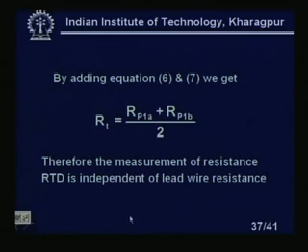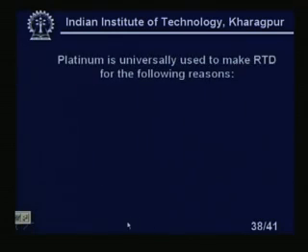It is suggested that all the resistances should be in a thermostat except the RTD, so that they have equal resistance, and all the lead wires should be of equal length. If you can satisfy all these things, this is an excellent thermometry mankind has so far developed. Therefore, the measurement of the RTD resistance is independent of the lead wire resistance.